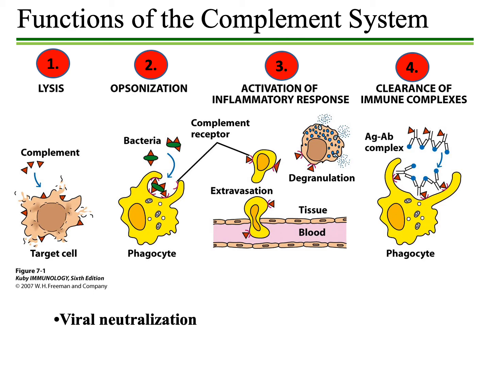Well, the complement system can recognize these immune complexes that have formed with antibodies and also initiate or trigger phagocytosis. And then lastly, what we see as a function of the complement system is viral neutralization. We discussed how antibodies, again, can act as neutralizing agents, while we know that components of the complement system can have that similar type of function of neutralization of viral particles.